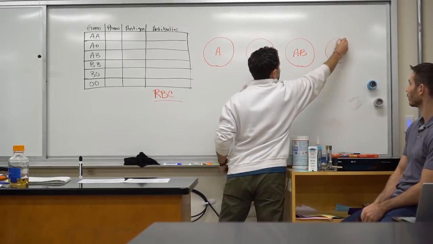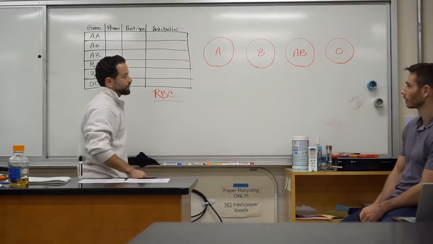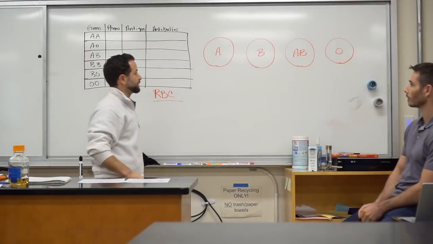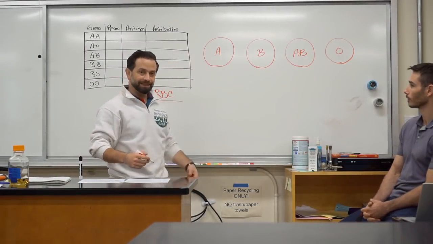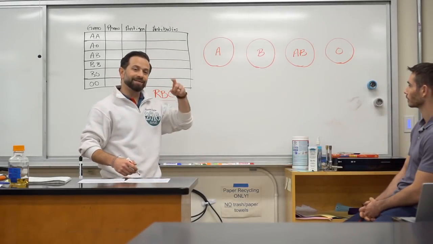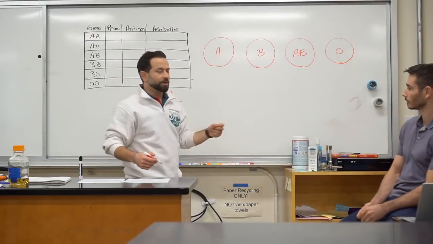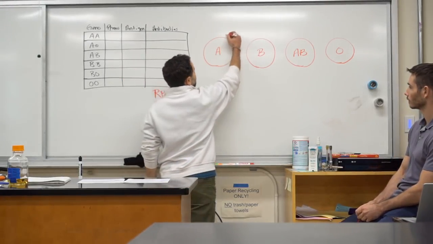And then this last one that I'm stretching for is going to be our O. So these are our four different phenotypes. So what I want you to know about is there's something called an antigen. An antigen would be like a protein that's basically almost like a self-identifier. It's sticking out of that red blood cell kind of being like, hey, this is what I am.